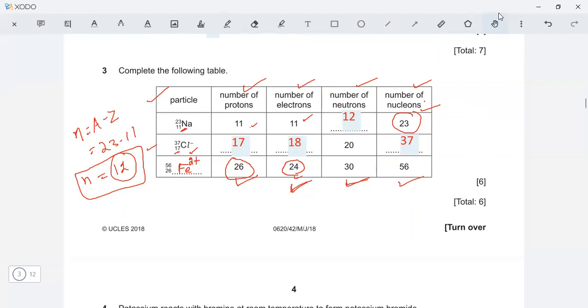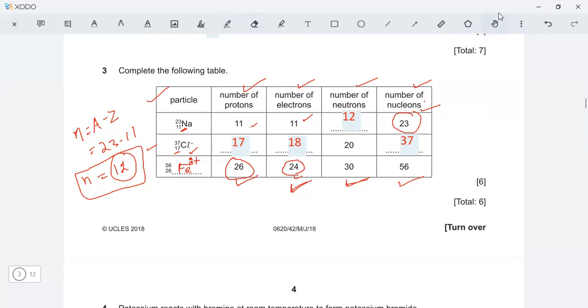Okay, fine. So the particle is there, and this box is meant for the number of protons and the number of electrons. Clear? So here you can say number of neutrons also, and number of nucleons also.